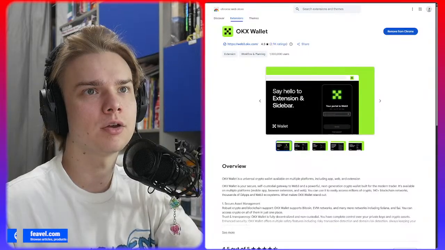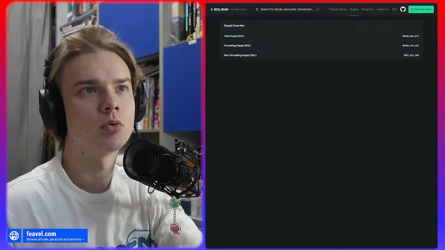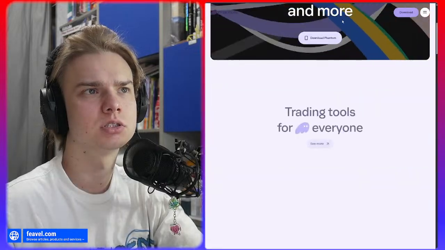Okay, so they have these extensions and then you connect them with keys.